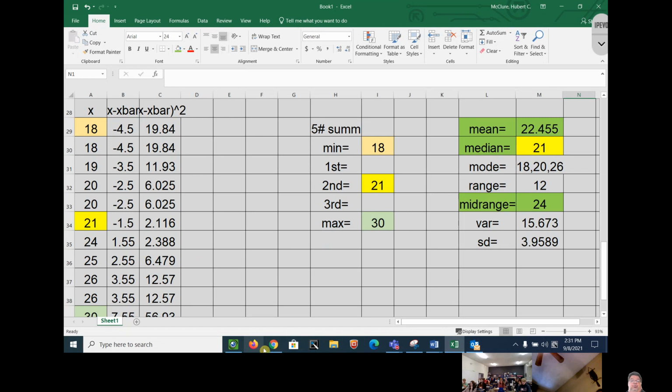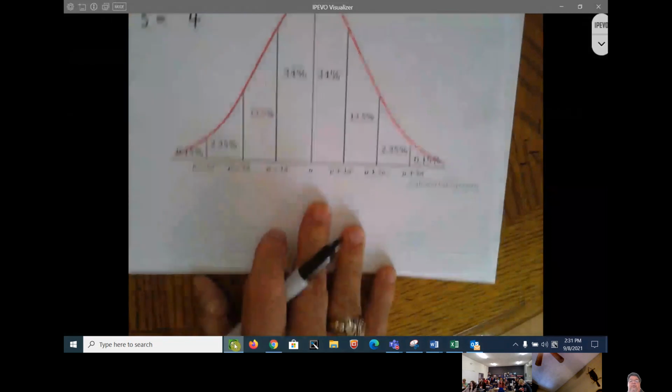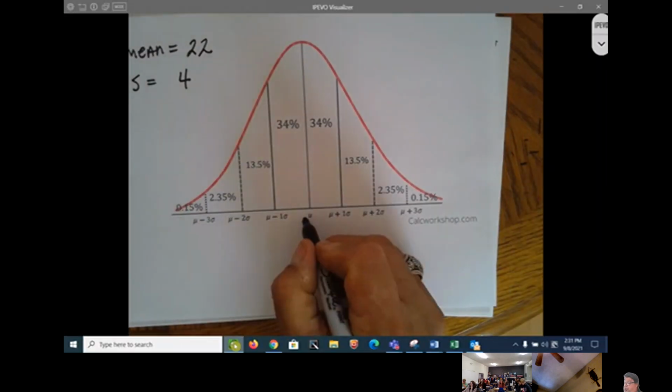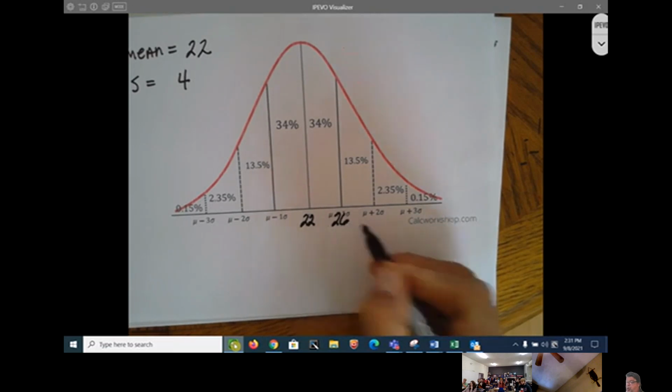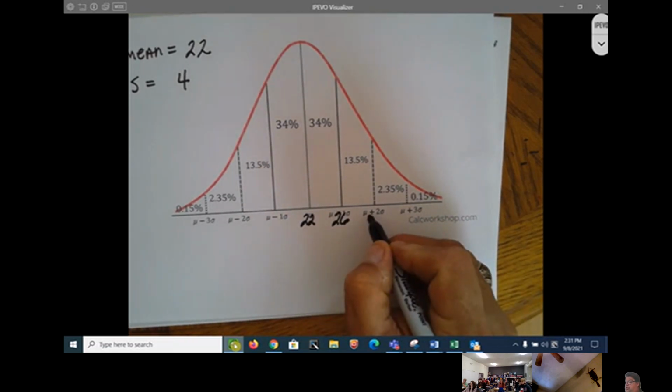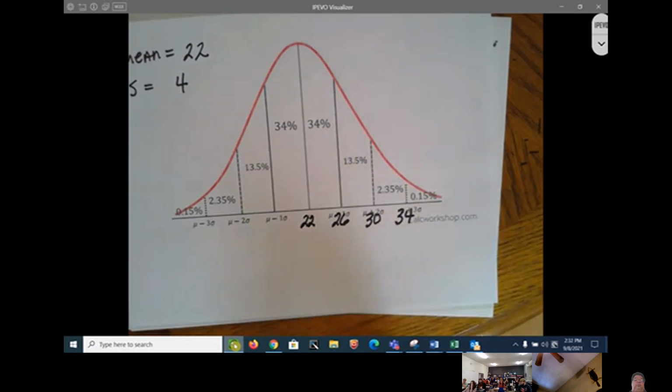So what you would do, you would take the 22 point whatever, and you'd put it in the middle, and then you'd add, it'd be 26 point whatever, and then 30 point whatever, and then 34 point decimal, blah, blah, blah.